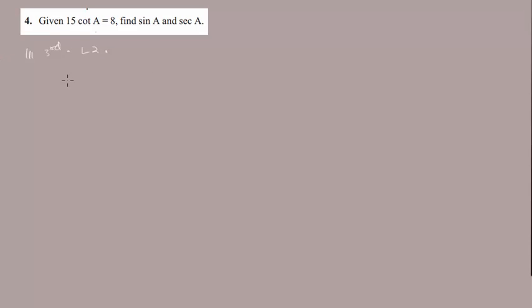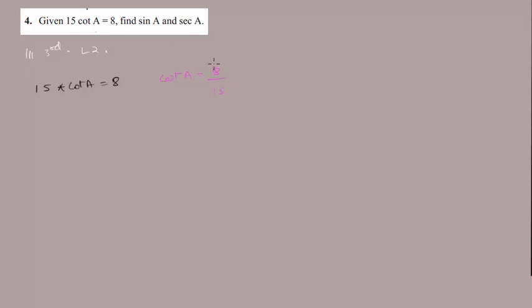There is one thing over here which is not regular. 15 cot A is equal to 8. We have one term on the left hand side. So if 15 has to move towards the right hand side, it will become division. So we have cot A is equal to 8 by 15.